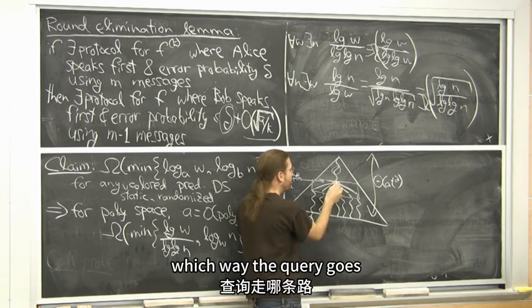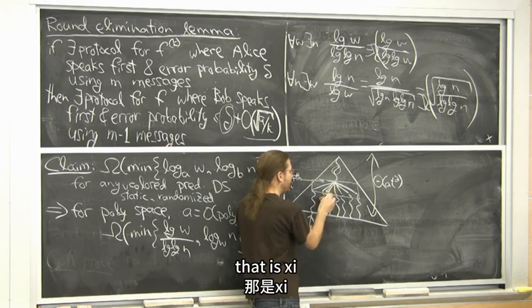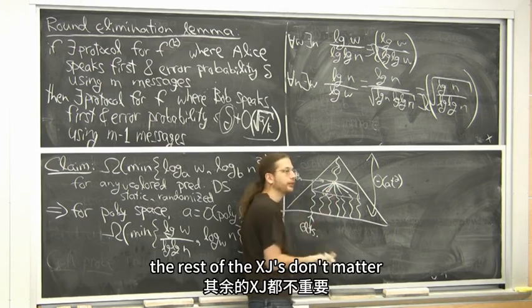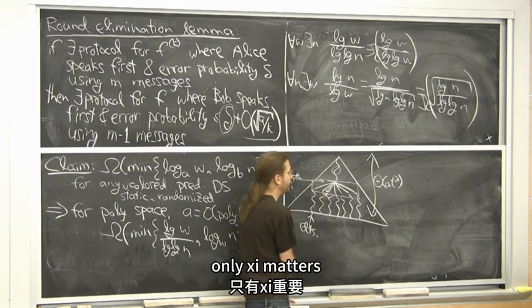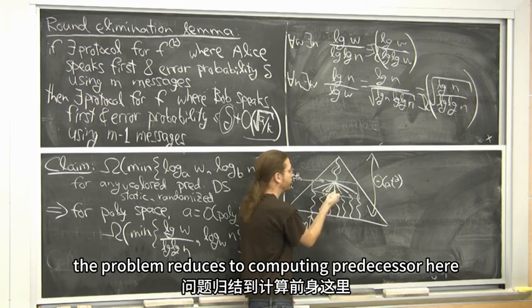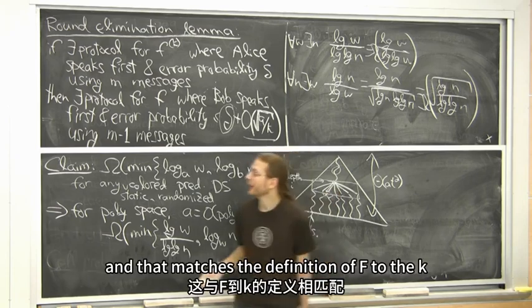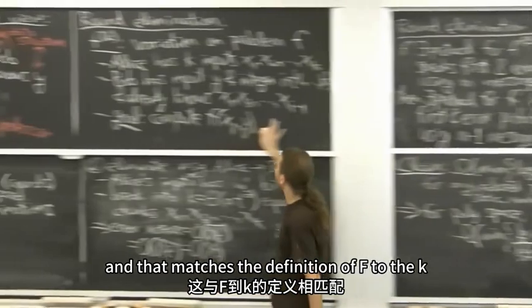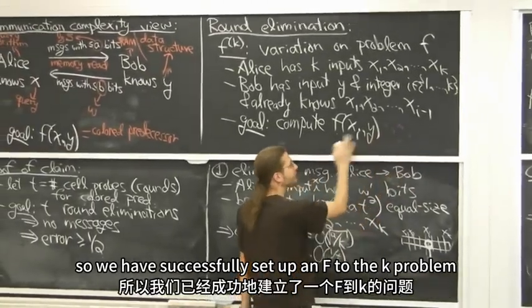Which way the query goes, which could be in between one of these, that is xi. The rest of the xj's don't matter. Only xi matters. And so the problem reduces to computing predecessor here, and that matches the definition of f to the k. So we have successfully set up an f to the k problem.